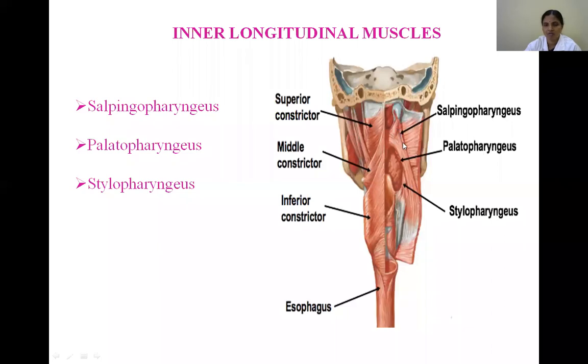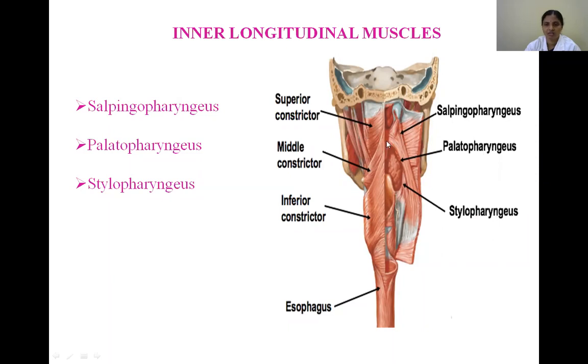So this salpingopharyngeus muscle takes origin from the lower end of the tubal elevation, and descends to the lateral wall of the pharynx, and most of the fibers join with the other two longitudinal muscles of the pharynx. Then the second muscle is palatopharyngeus.